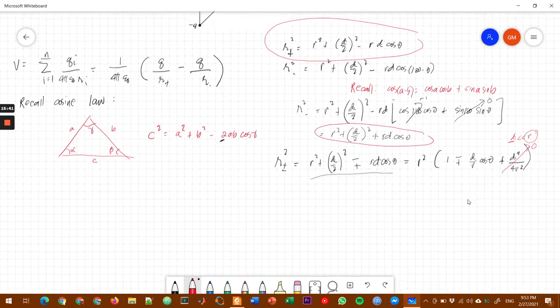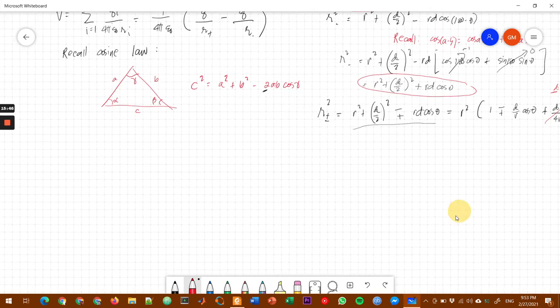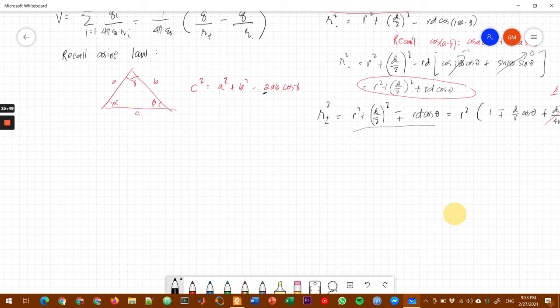We can safely neglect that. Next, knowing that D is much less than R, we have R plus minus.